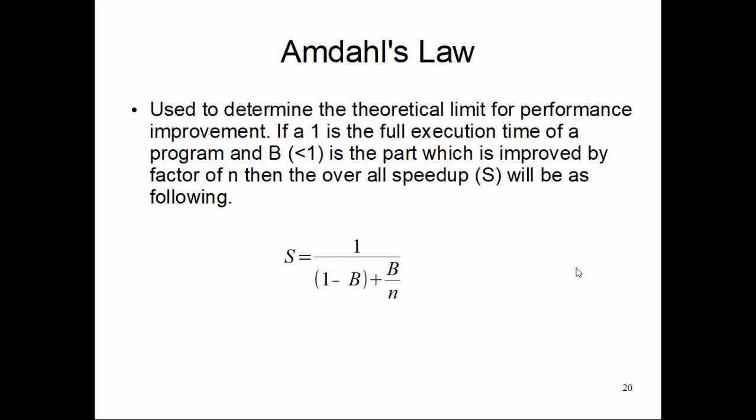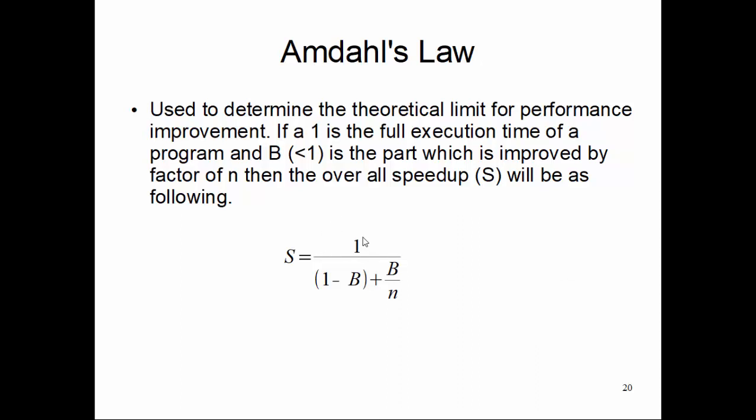And then B, which is less than 1, is a part which is improved by a factor of n. Then the overall speedup will be S = 1 / ((1 - B) + B/n). Very easy to understand this way.